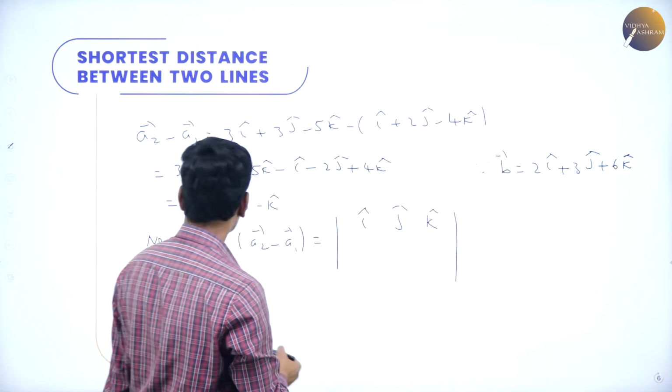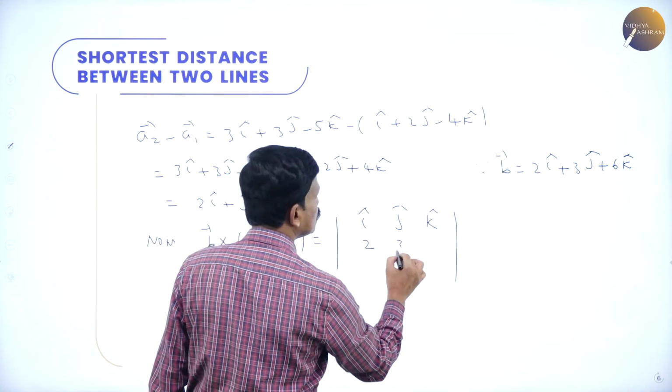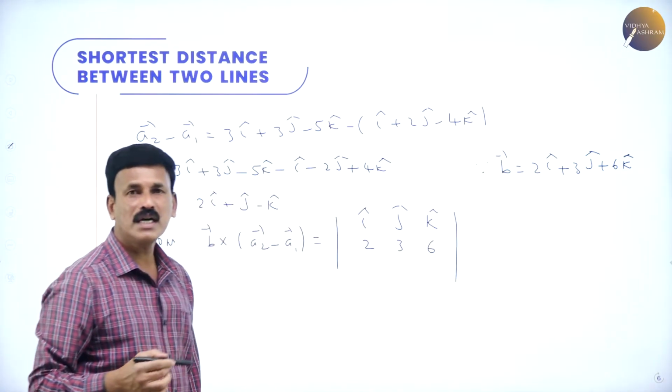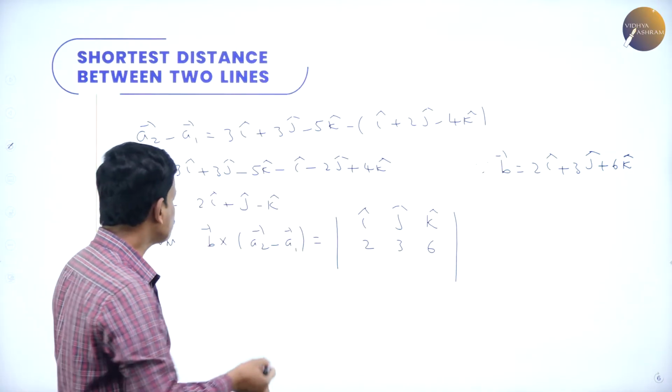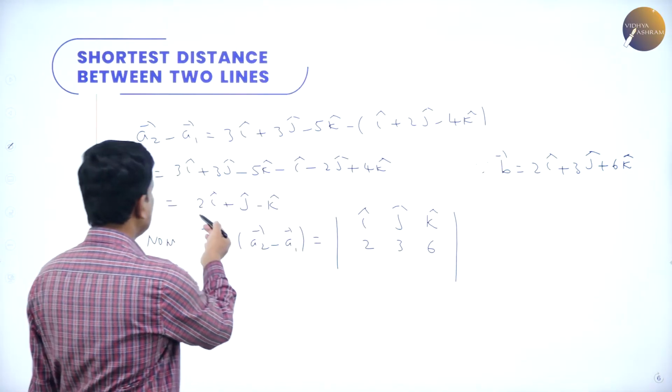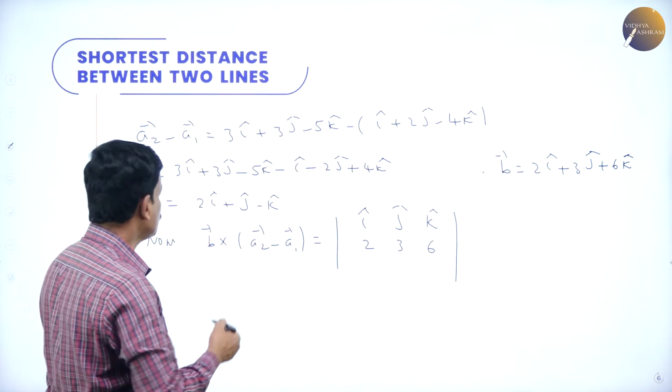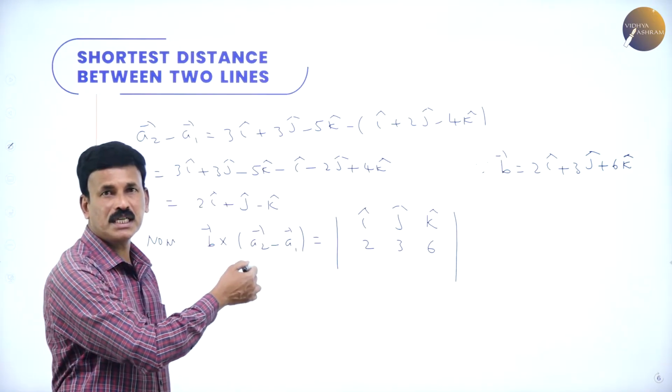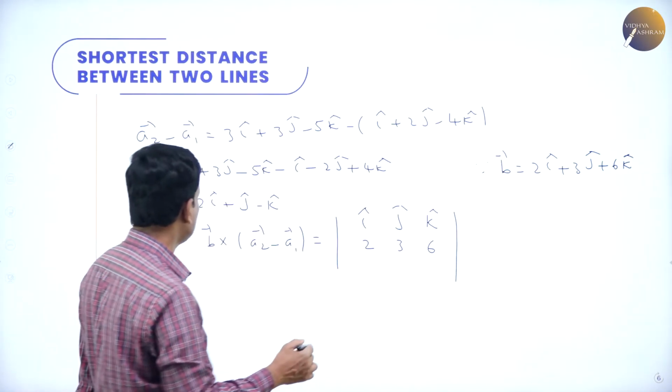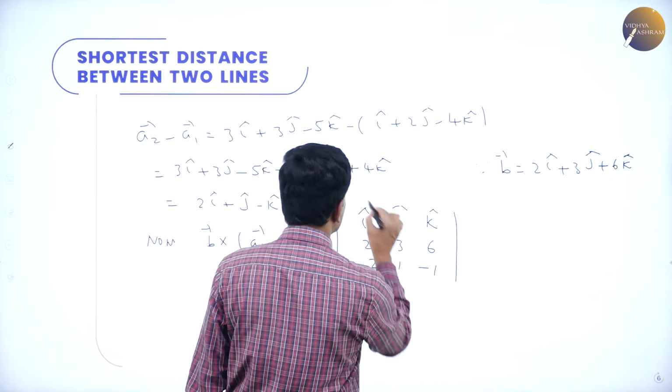Now substitute here. B, what is B? 2, 3 and 6 are the coefficients of i cap, j cap and k cap. A2 minus A1 vector is 2i plus j minus k. So therefore the coefficients of i cap, j cap and k cap are 2, 1, minus 1.